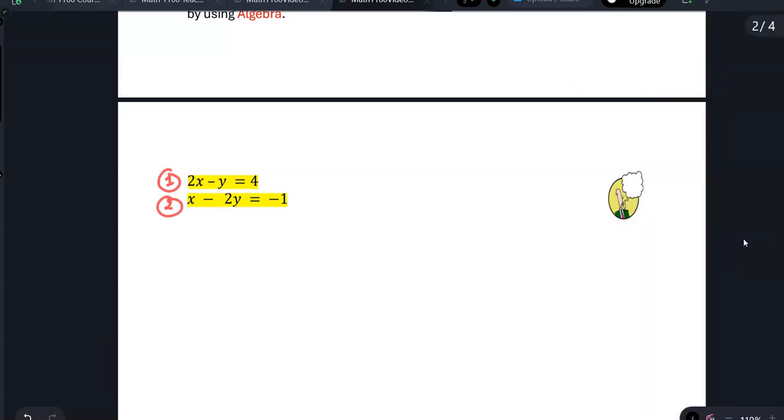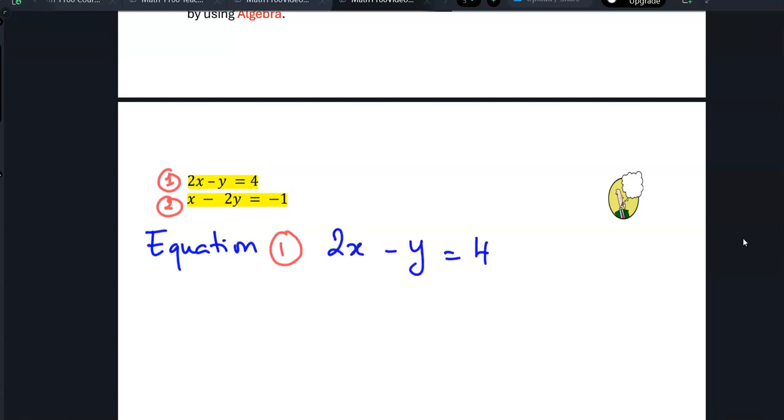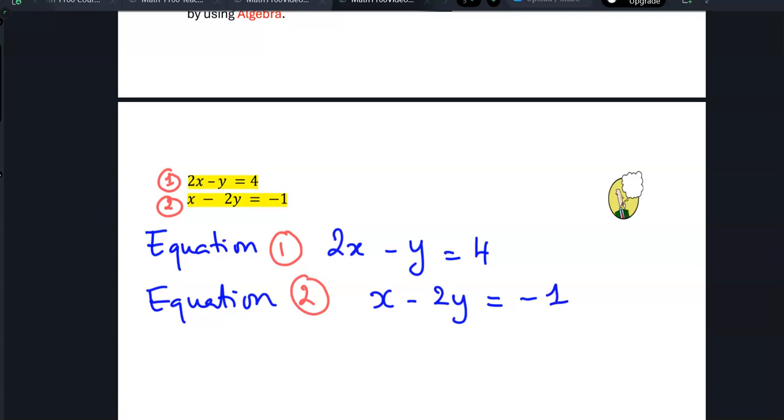Okay, so equation 1 is 2x minus y equal to 4. Again, equation 2 will be x minus 2y equal to minus 1.